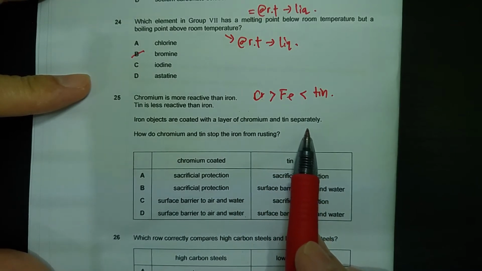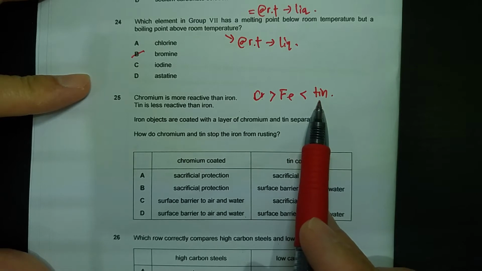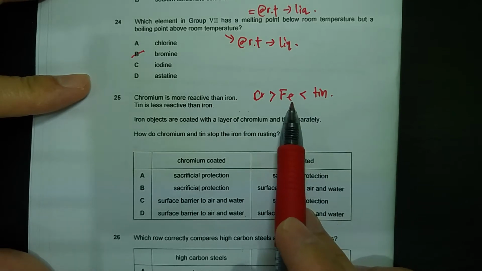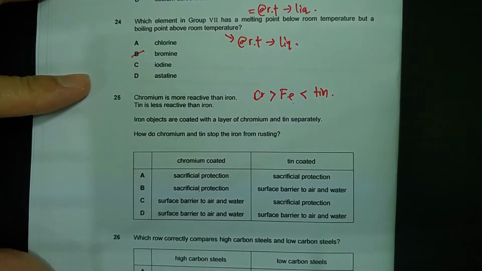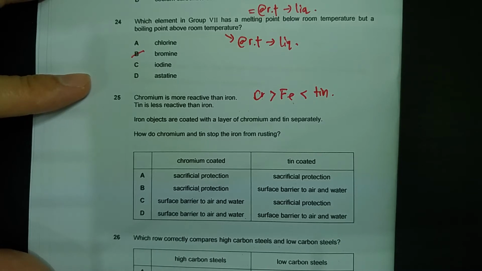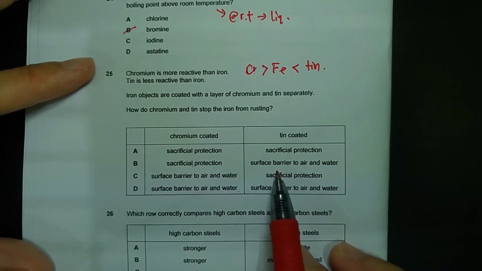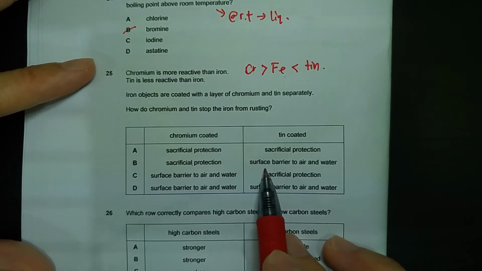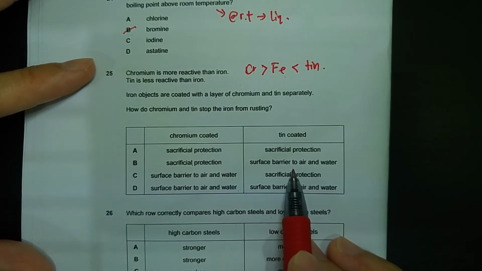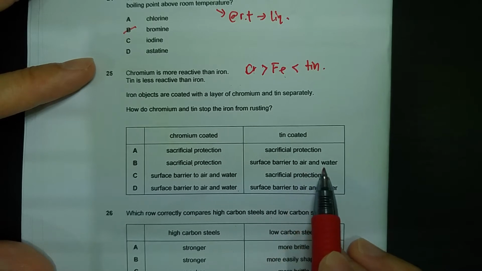So if it is coated with tin, but since the tin is less reactive than iron, tin will not provide any sacrificial protection to the iron. Instead, the function of tin in that case would be to act as a barrier to the air as well as water.